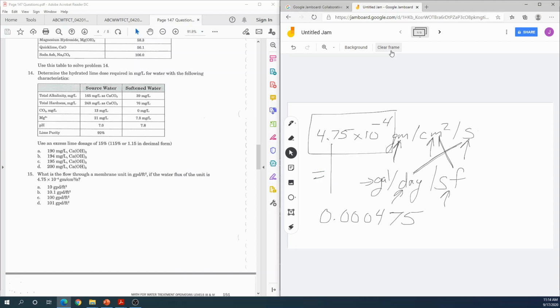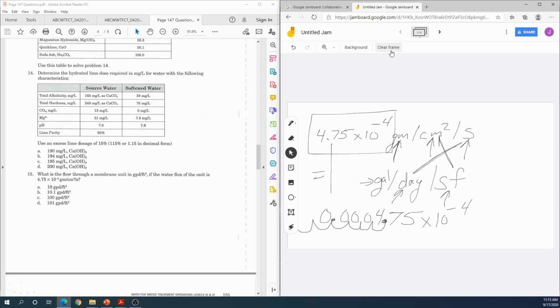And one way you can look at this is when we have 4.75 times 10 to the minus fourth, all we're going to be doing is moving this decimal point over 4 places. So that's going to be 1, 2, 3, 4. Now we're moving it to the right because it was to the negative fourth. And if this was to the fourth, we'd be moving the decimal place the other direction.